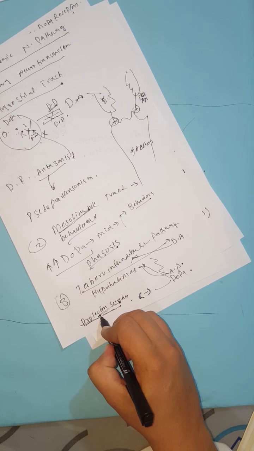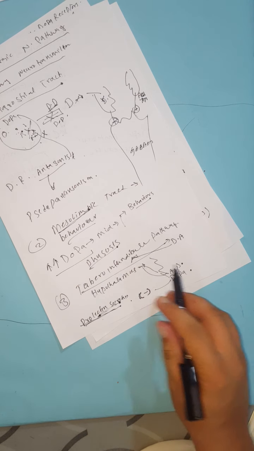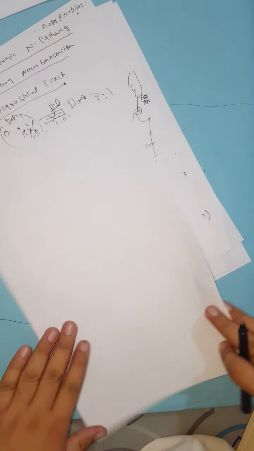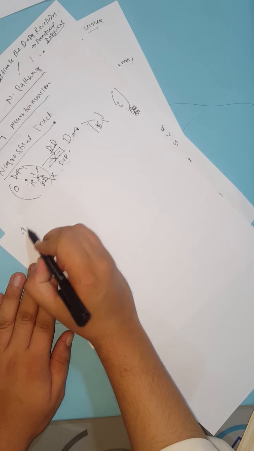Number 4 pathway is the chemoreceptor trigger zone.